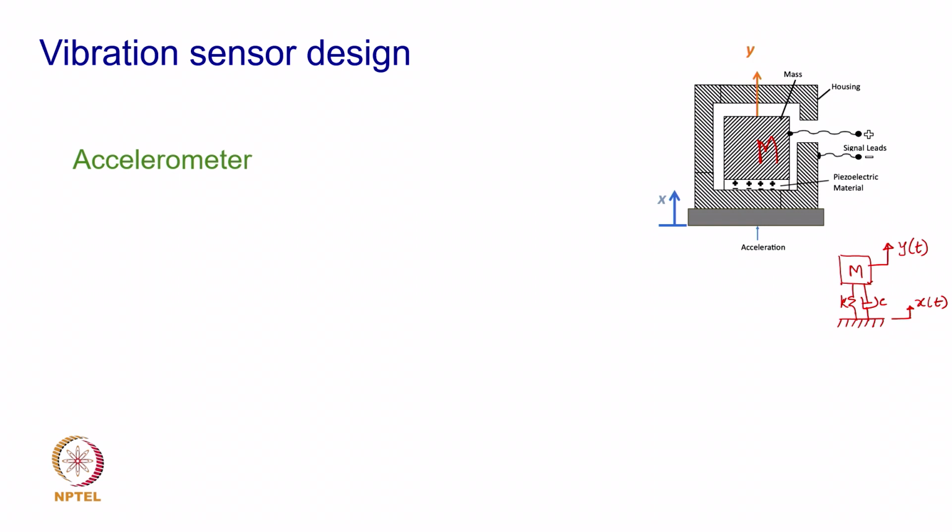If that is the case, this base itself is moving, right? So, how much is the compression in the piezoelectric material? The compression will be y minus x again. Now, this y minus x is the compression in the piezo material.